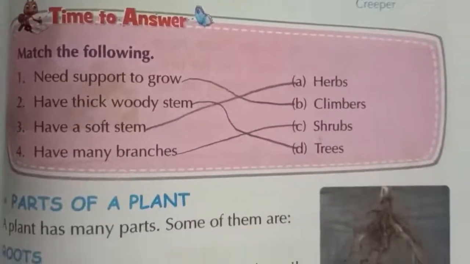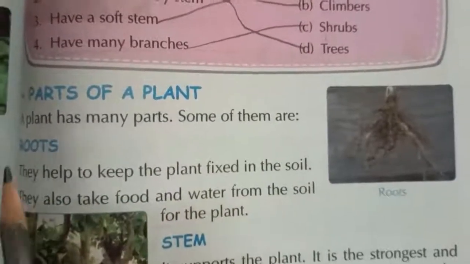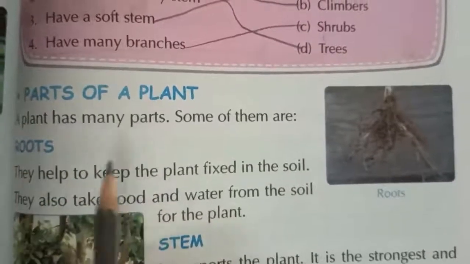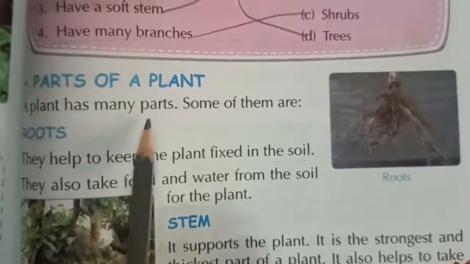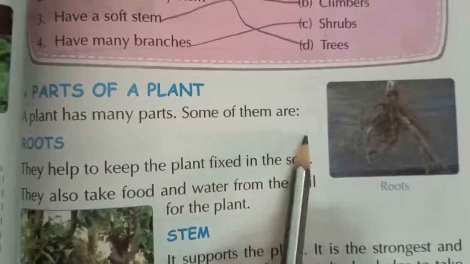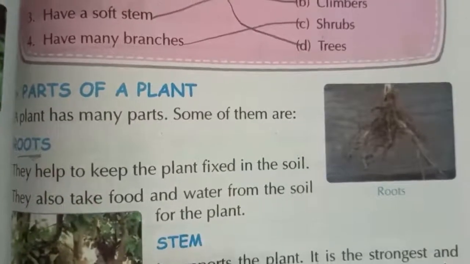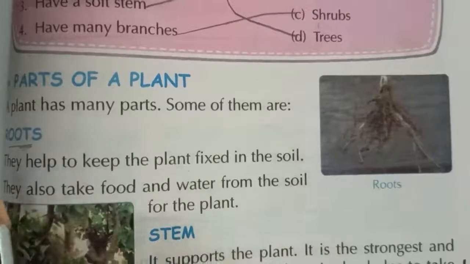Now, see our next point. Parts of plants. Plants have different parts that we are going to study. First one is root. Every plant grows with the help of roots.